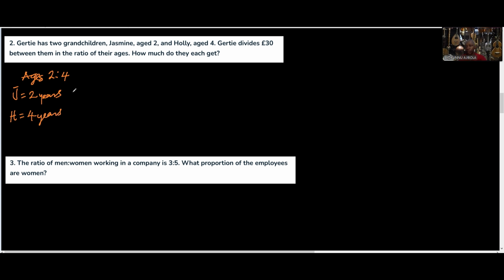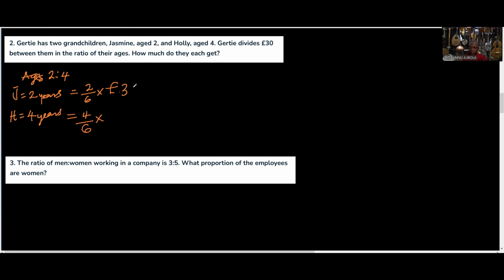So what Jasmine is going to get will be 2 out of the addition of their ages, which is 6, times the total amount of money being shared. And what Holly is going to get is the age of Holly over the total ages, times, oh, that should be 30, not 20, so times 30.